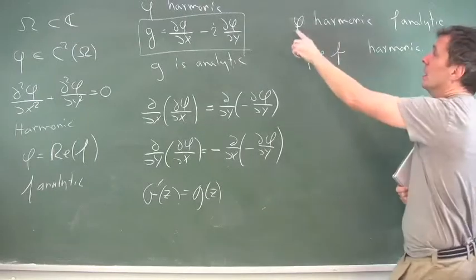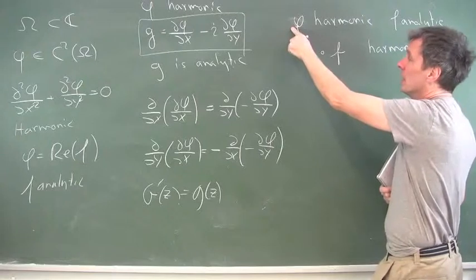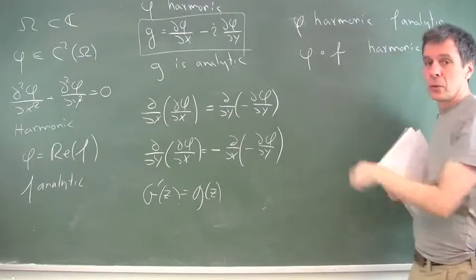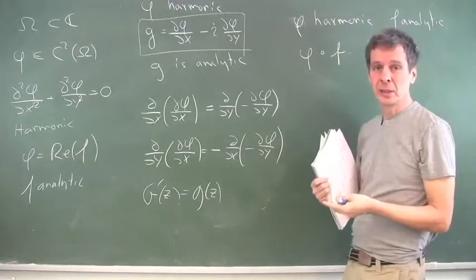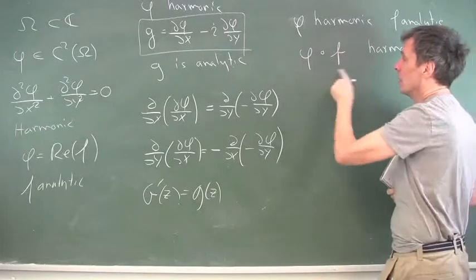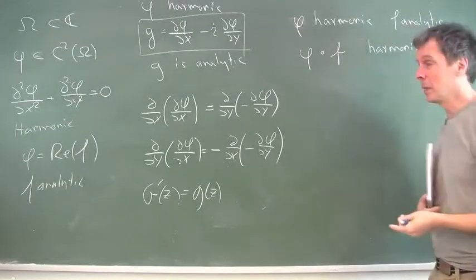Simply because if this is harmonic, then it's the real part of an analytic function. If you take that analytic function and compose with this analytic function, of course the composition of two analytic functions is analytic.